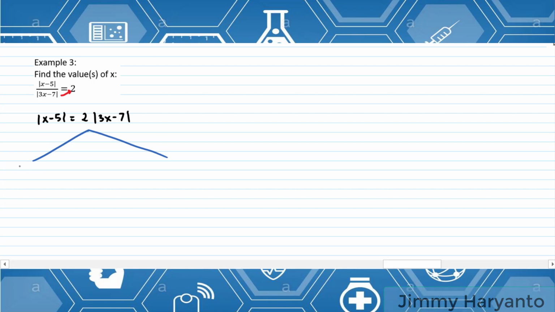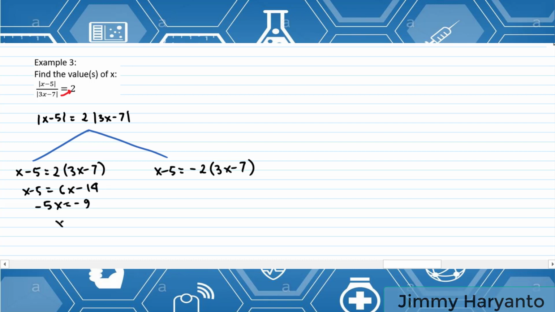For this one, x minus 5 equals 2 in the bracket 3x minus 7. And then for the right side, x minus 5 equals negative 2 in the bracket 3x minus 7. Remember, first is positive, second is negative. Okay, x minus 5 equals 6x minus 14, and then negative 5x equals negative 9, x equals 9 over 5.